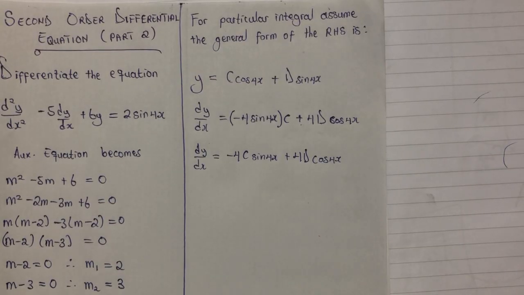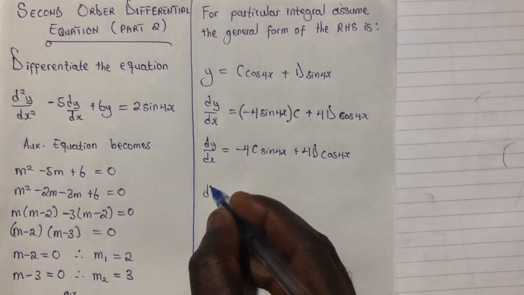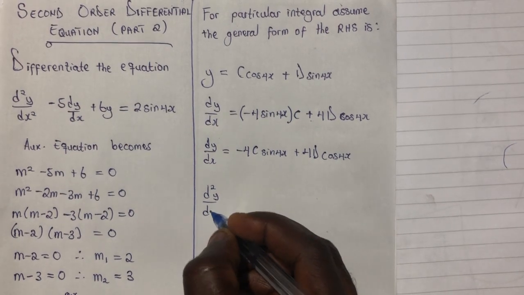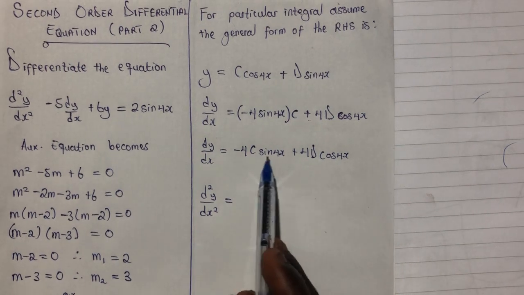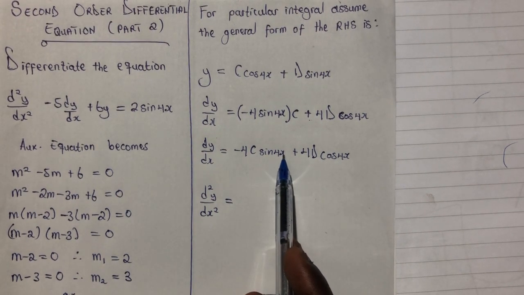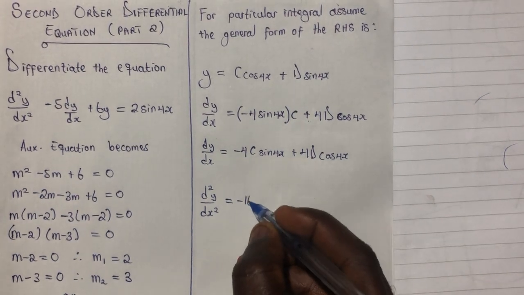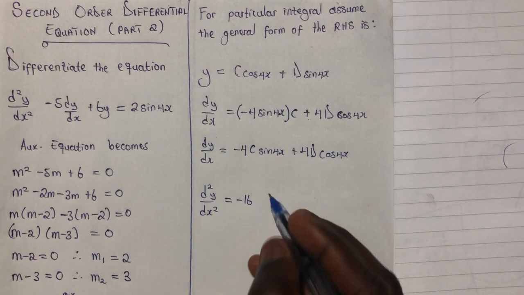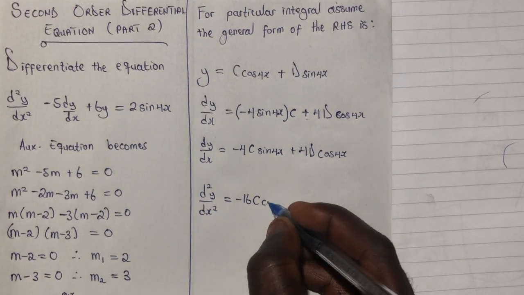Now, we differentiate the function the second time because we have a second derivative here. So this will give me d squared y over dx squared equals. Now when I differentiate 4x here, I'll get 4. 4 times this 4 will give me minus 16. So minus 16c. Then when you differentiate sine, you get cos.